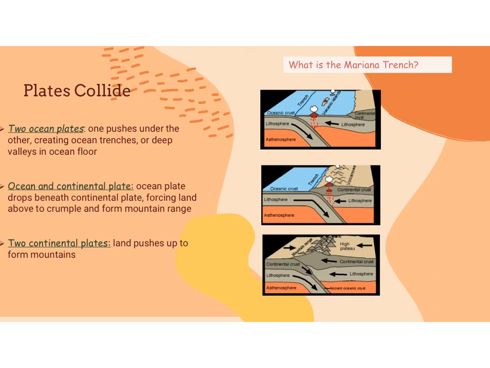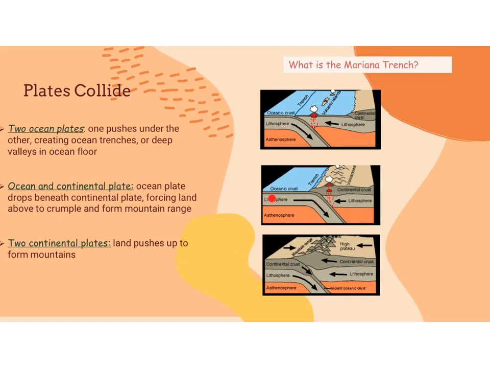However, when one ocean plate and one continental plate collide, the ocean plate will drop beneath the continental plate, forcing the land above to crumble and form a mountain range. As you see here in this figure, this is the ocean plate, and this is the continental plate moving toward each other.